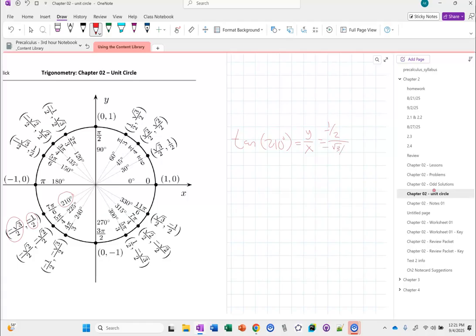Everybody's okay? Negative signs cancel. They're both over 2. Those cancel. I'm left with 1 over root 3.